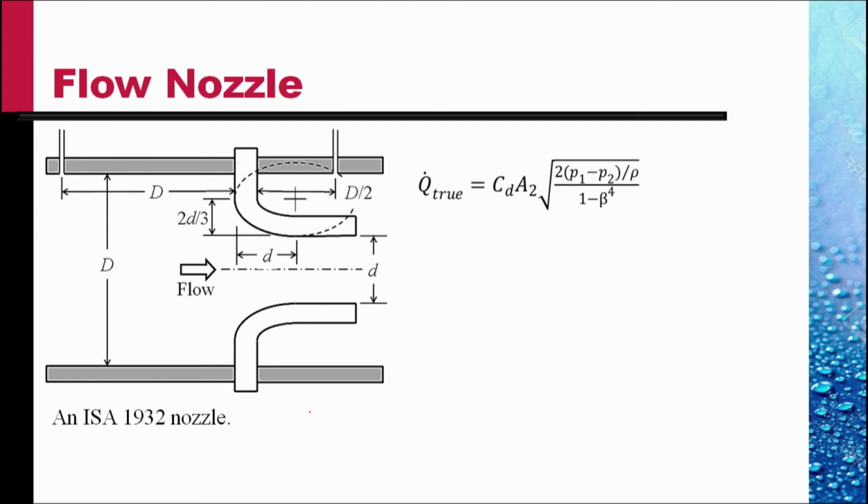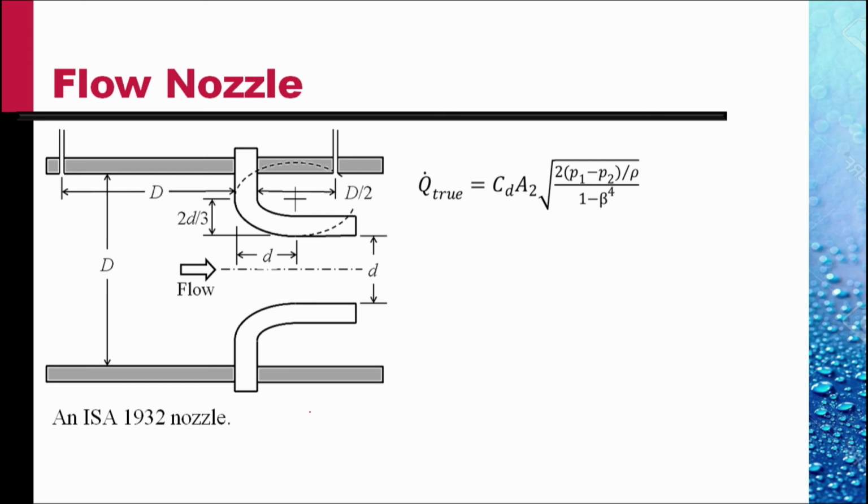But in this case, because of the nozzle and the radius of the nozzle at the inlet, the flow goes in smoothly. There is no vena contracta formed. The jet comes out as a constant diameter jet. Of course, there are losses after that when the flow reattaches with the wall.